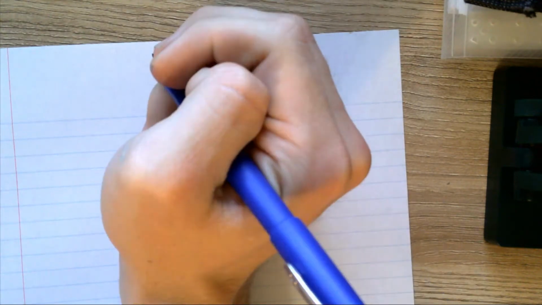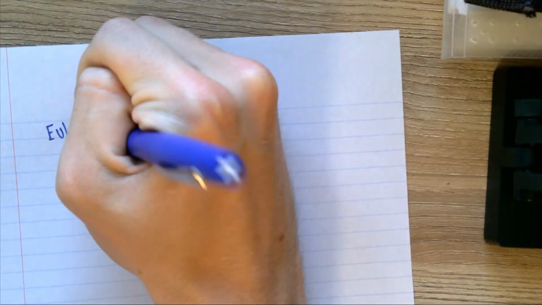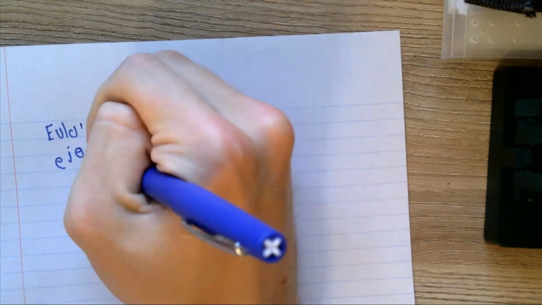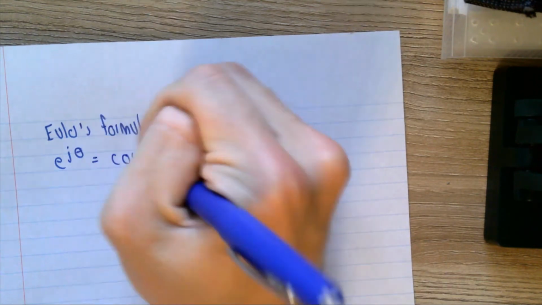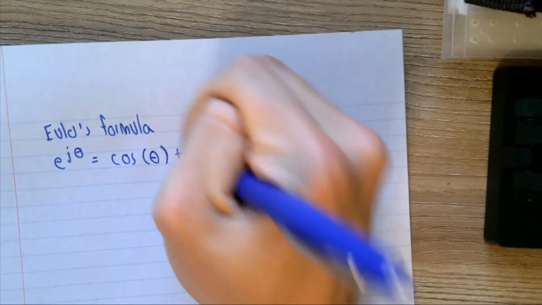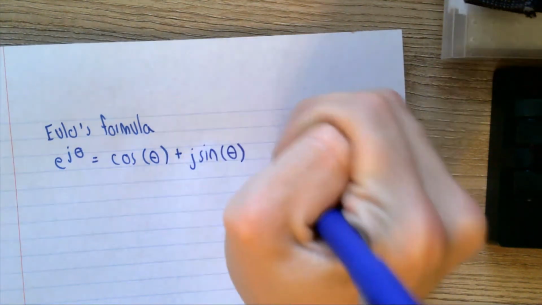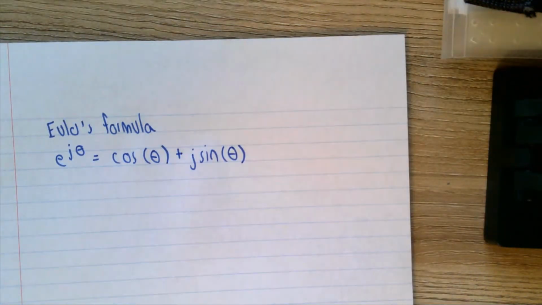So just going to Euler's formula, it looks like e to the j theta is going to be equal to cosine of theta plus j sine of theta. And just know if we had a negative in front, that would cause the negative to be here.